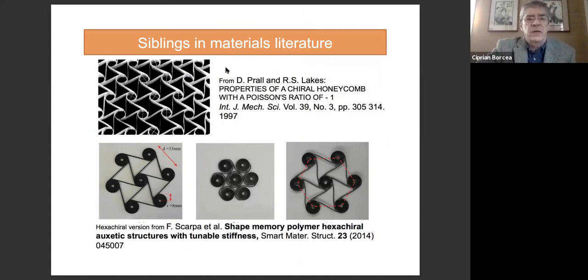But as usual, when you make things and want to test them, you see in the materials literature quite a bit of variation.